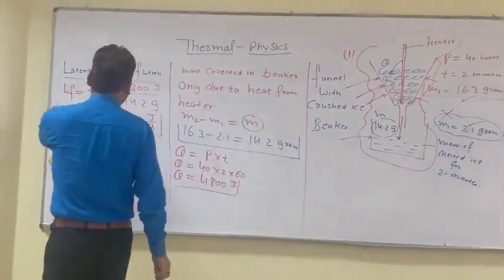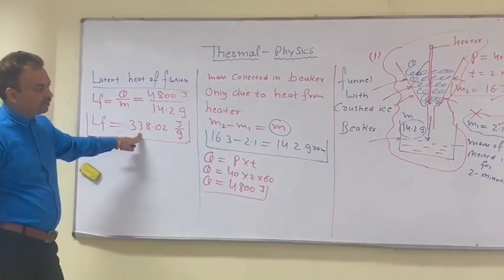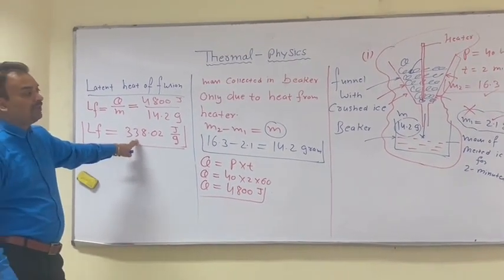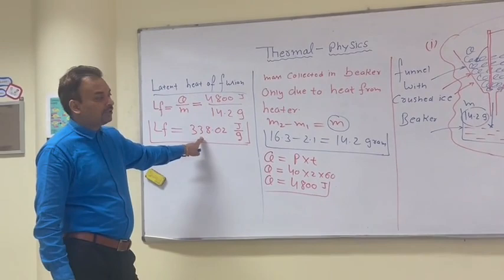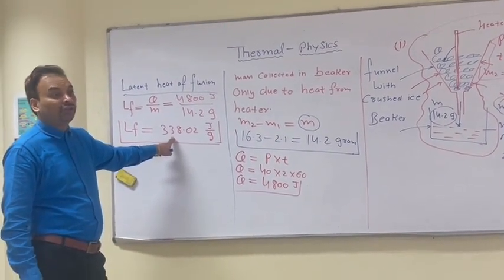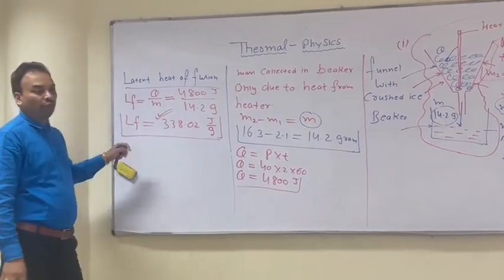In the previous case the denominator was 14.2, so our value was 338. So now you see, if we place the whole apparatus inside the insulator, the latent heat of fusion will change. So this is the standard value of latent heat of fusion for ice.